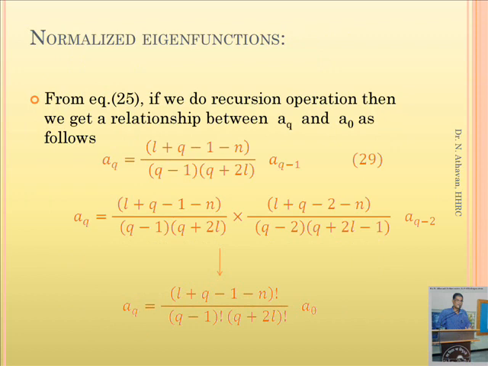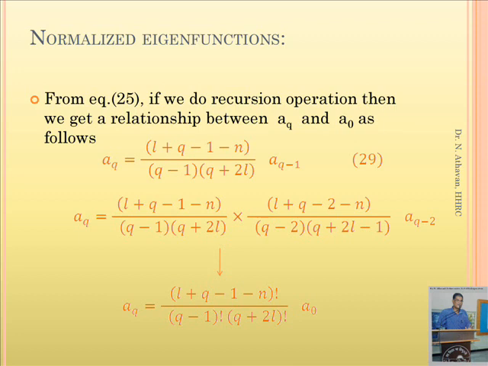For that, we do the recursion operation from equation 25. Then we get a relationship between AQ and A0 as follows. AQ can be written as AQ equal to (L plus Q minus 1 minus N) divided by (Q minus 1) into (Q plus 2L) into AQ minus 1.